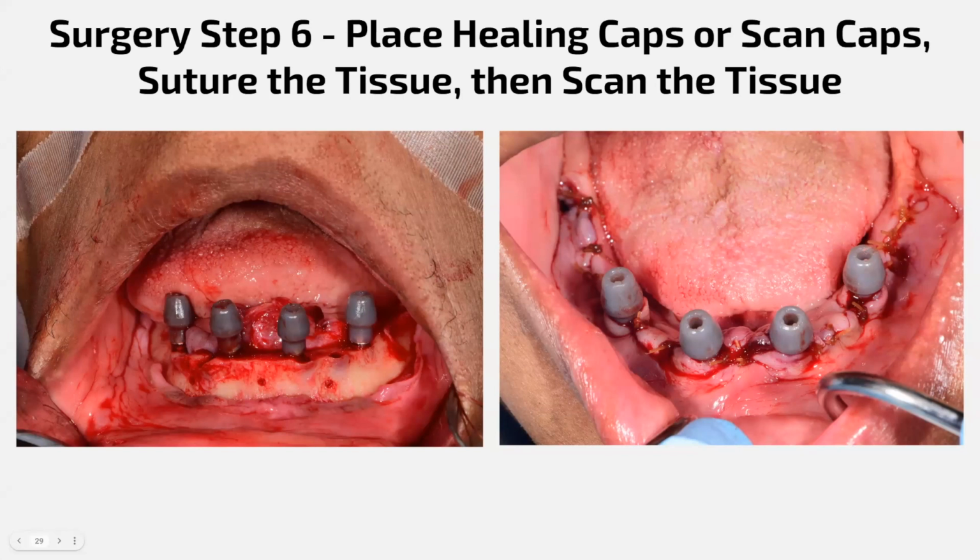Once they're screwed on, you're going to be able to suture around them. What's really nice about these healing caps is they are mushroom shaped. You can see the tissue just tucks right under them, and it makes it really easy to suture up the tissue right around these healing caps and get a really nice emergence for your prosthesis.